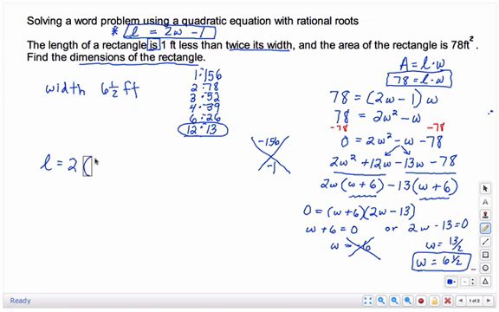I'm going to go ahead and write that as 13 over 2 just to make the math easier for me. And I know that 2 times 13 over 2, the 2's will cancel. Leaves me with 13. 13 minus 1 is 12. So this is 12 feet. So the length is 12 feet.